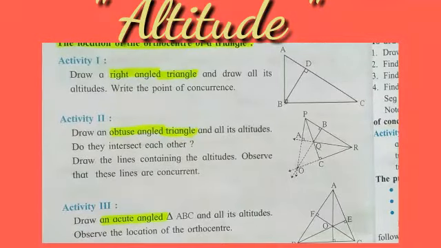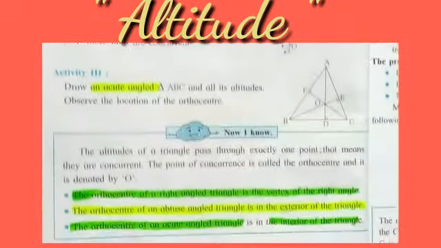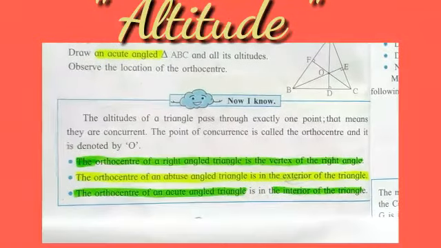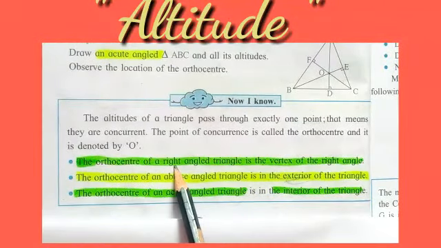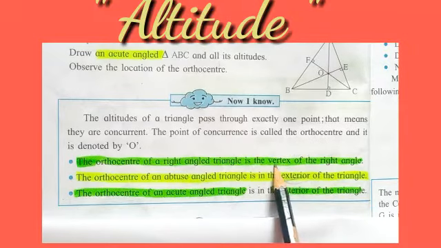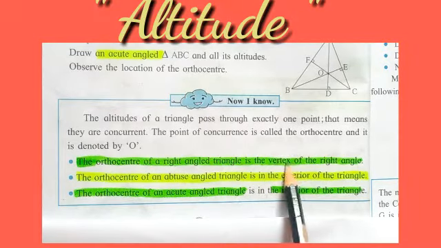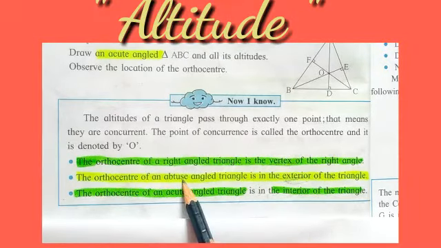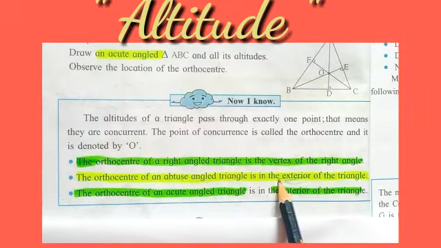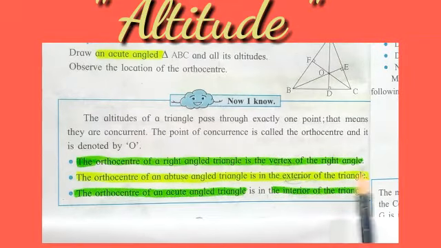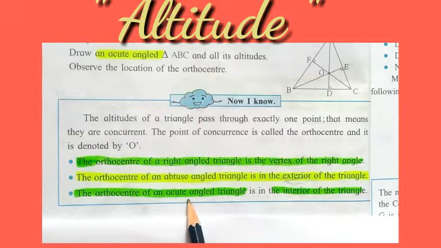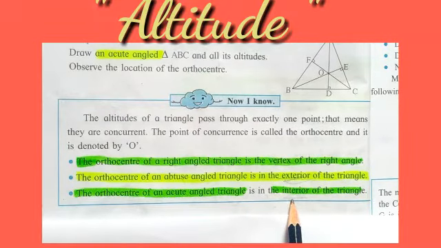So from these three activities, we can conclude three most important points: the orthocenter of the right angle triangle is at the vertex of the right angle. The orthocenter of an obtuse angle triangle is in the exterior of the triangle, and the orthocenter of an acute angle triangle is in the interior of the triangle.